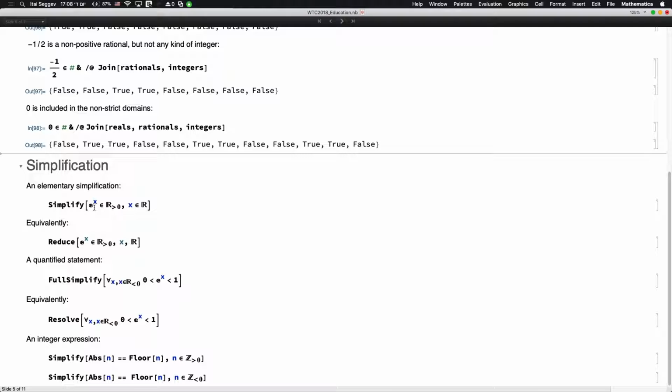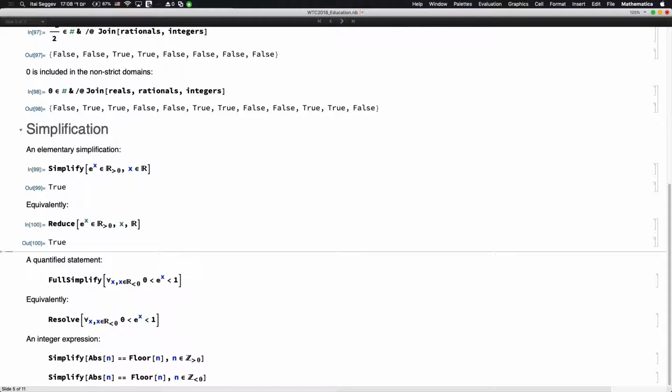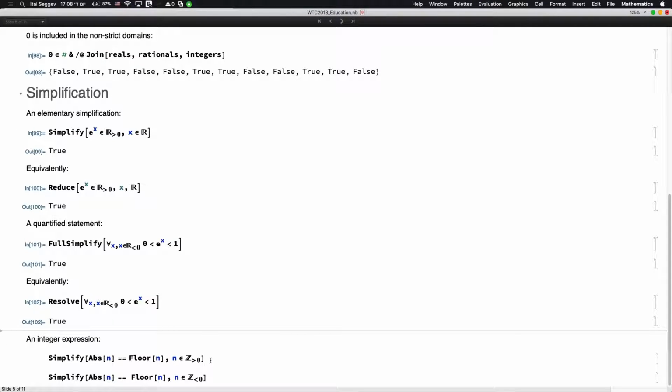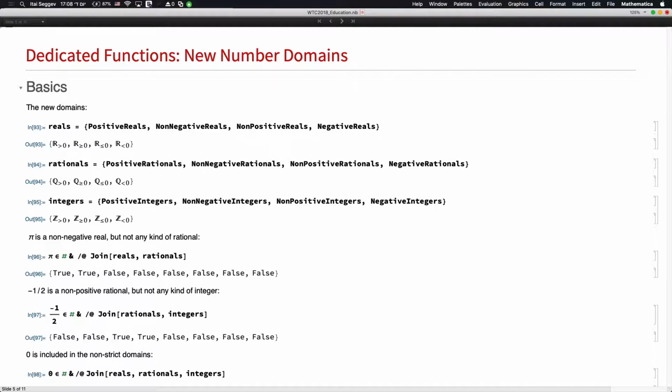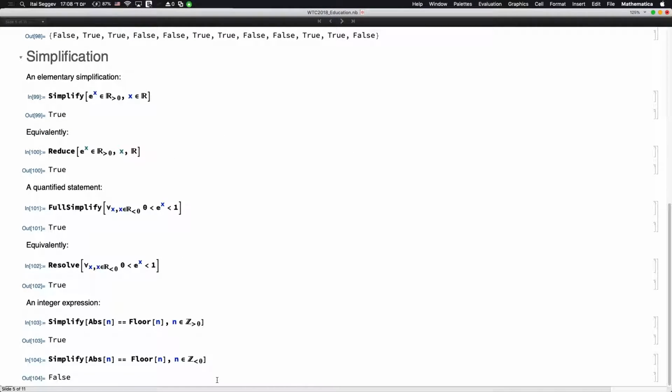So is e to the x a positive real when x is an element of the reals? Yes, it is. And if x is in the negative reals, is e to the x between 0 and 1? And again, that's true. And here's one with integers. I'm asking, is abs of n equal to floor of n? If n is a positive integer, that is true. If n is a negative integer, then that's false.